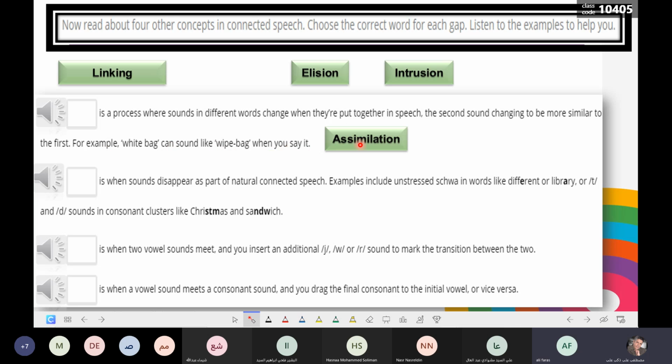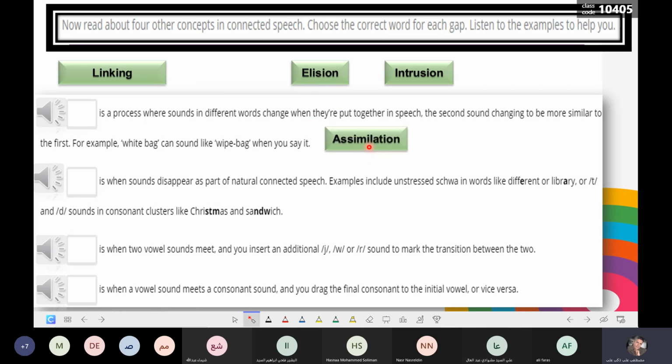In the Holy Quran, when we study how to read the Quran in the perfect way, we have idgham, and we have ikhfa, and we have iqlab. Good.